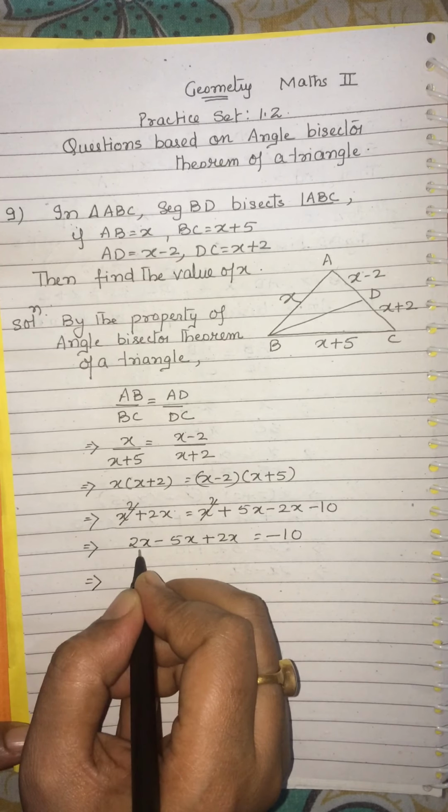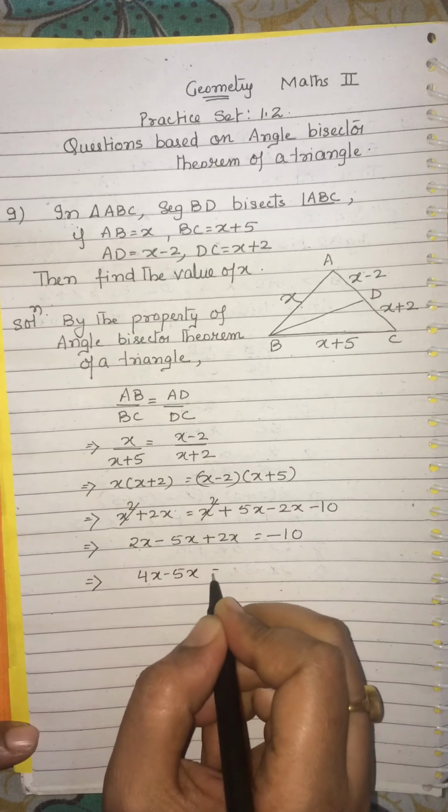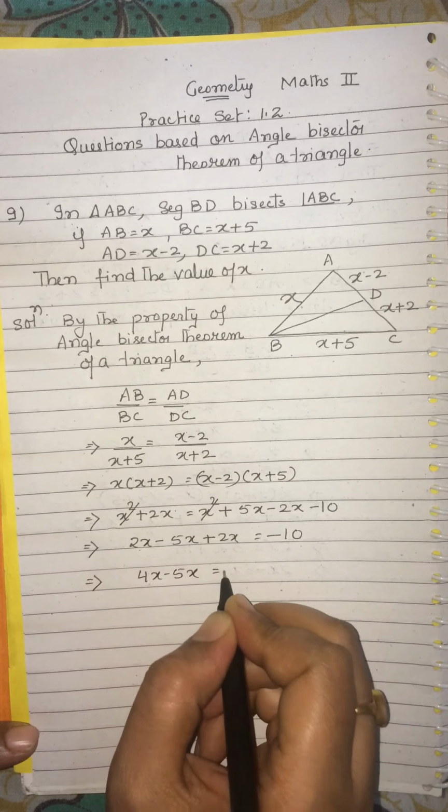That gives us 4x minus 5x is equal to minus 10, and minus x is equal to minus 10. Therefore x is equal to 10. And children, we needed the value of x, we got it as 10.